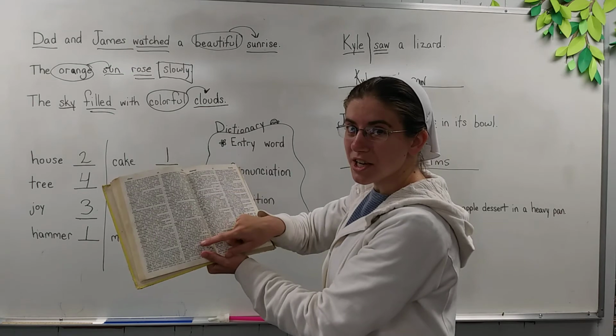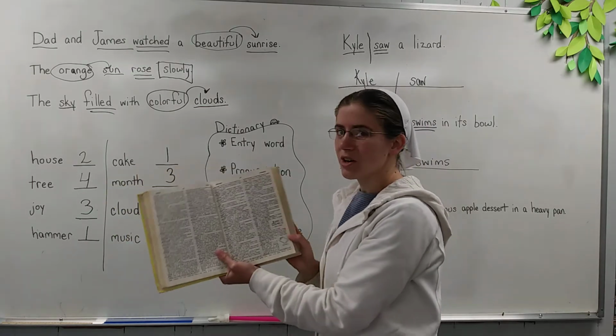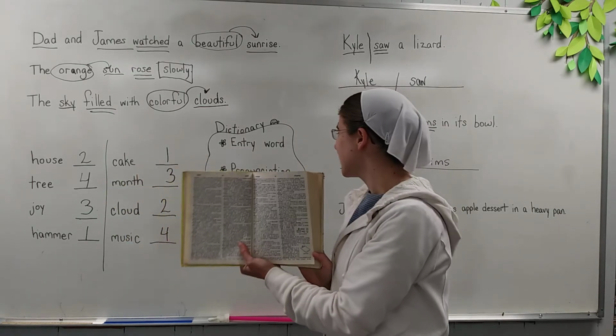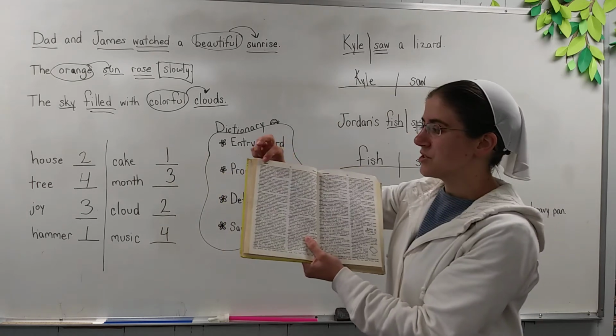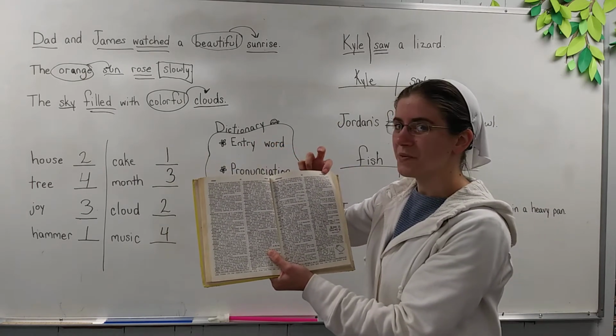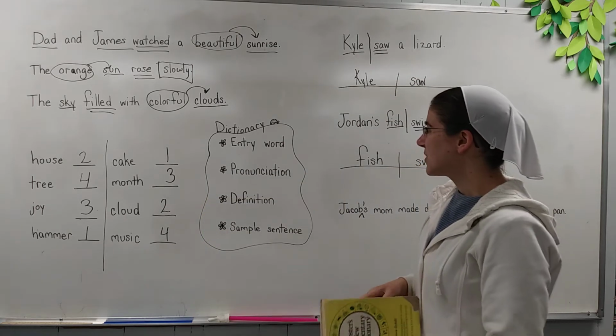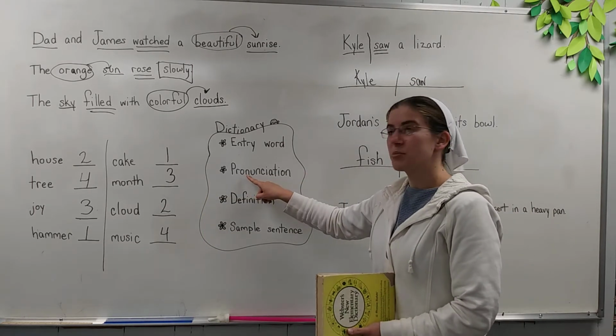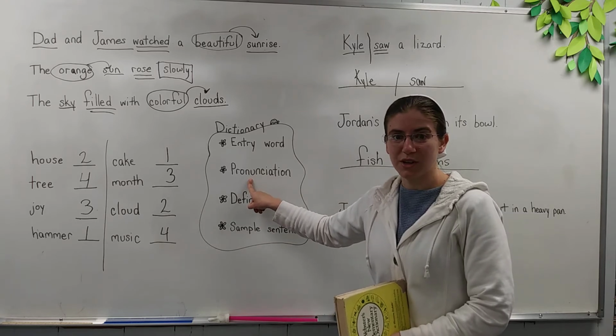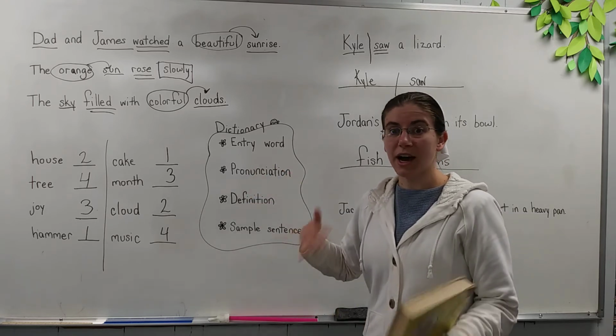All the words I can find in the dictionary are called entry words. The guide words are the words up at the top that tell us which words will be on the page. Now, dictionaries can tell us the pronunciation of a word. Pronunciation means how to say a word.